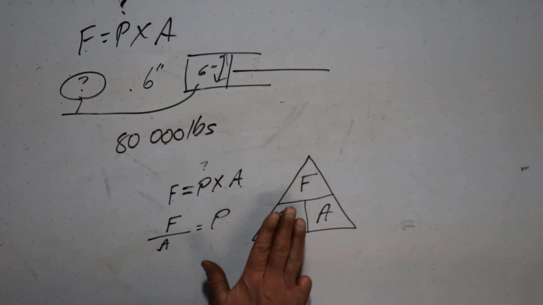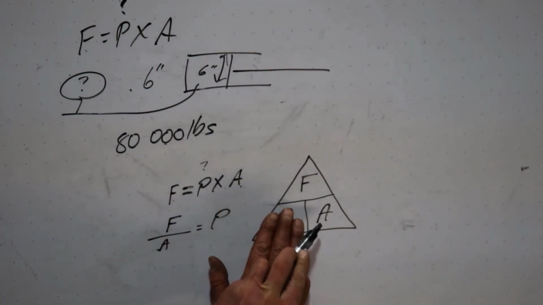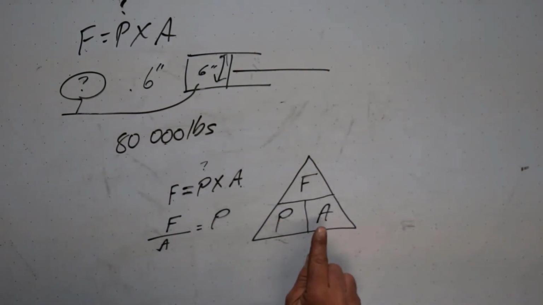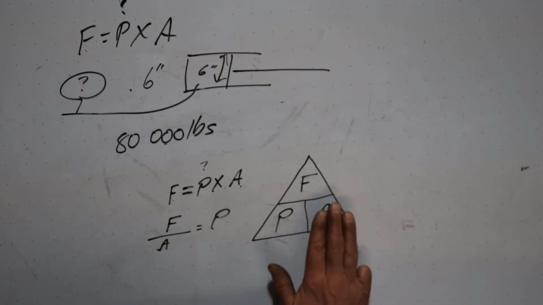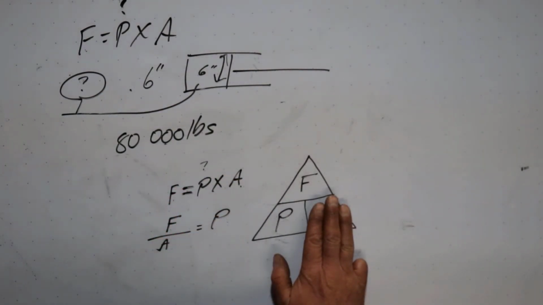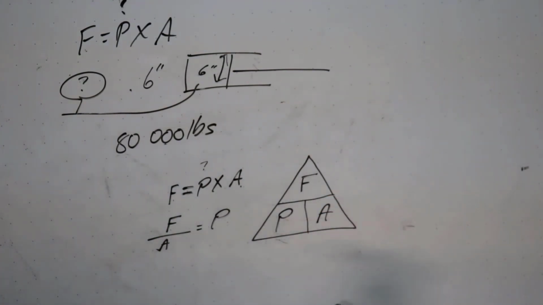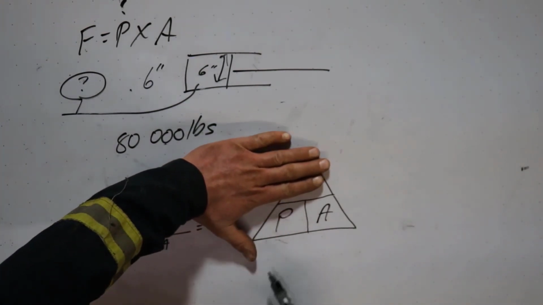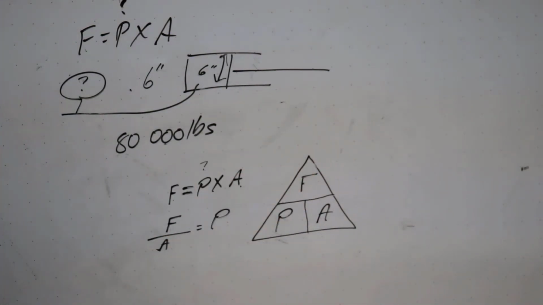All I got to do is cover up the P, and the formula is force divided by area, which is what we said happened right here. If I want to know what the area is, I just cover up the A, and it's force divided by the pressure. According to our very first example, we wanted to know what the force is, so I cover it up, and it is pressure times area.